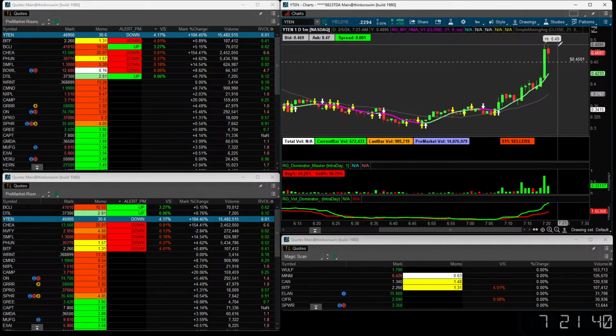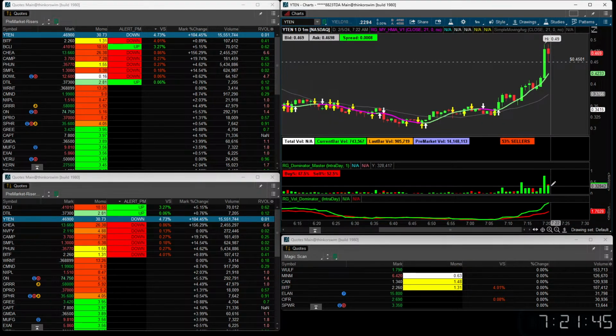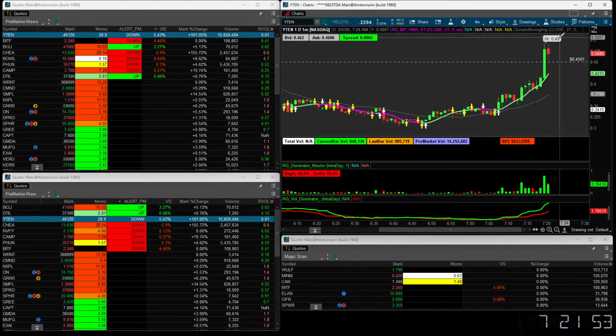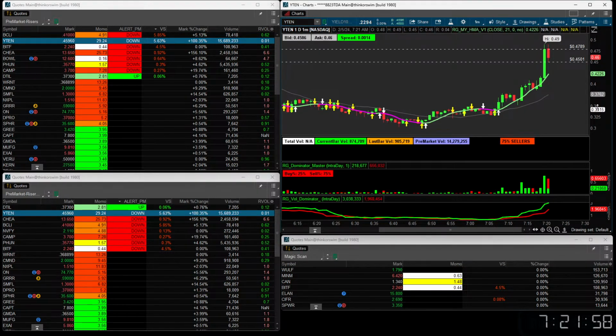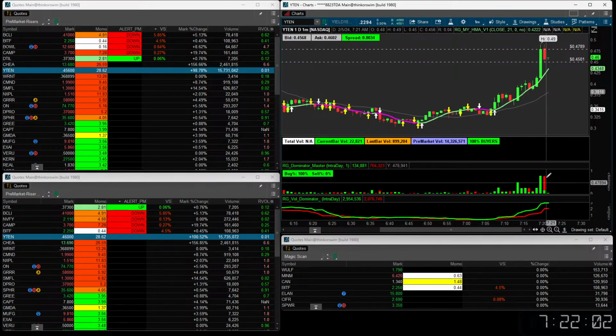Now let's see if we run up some more. Watching for the green bars. Sellers coming in.